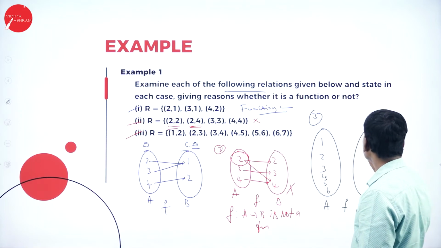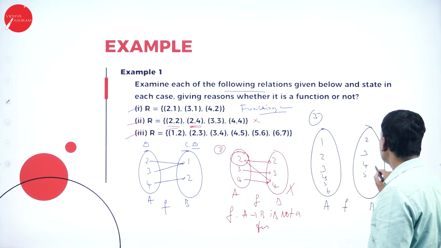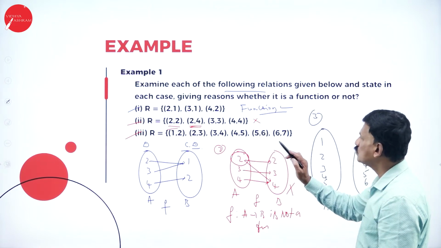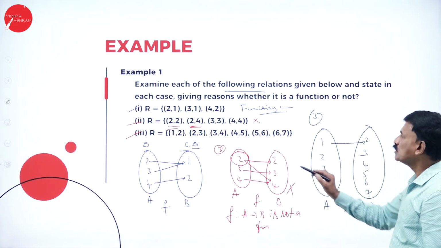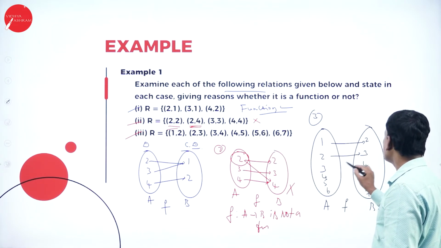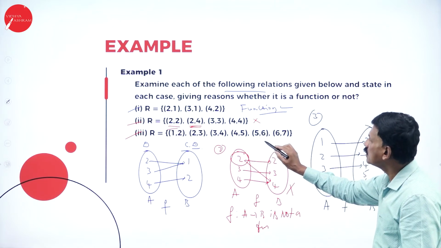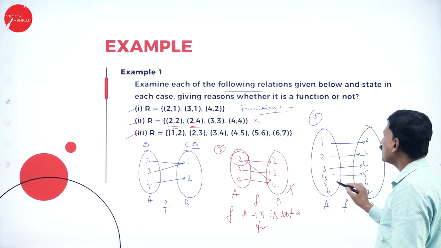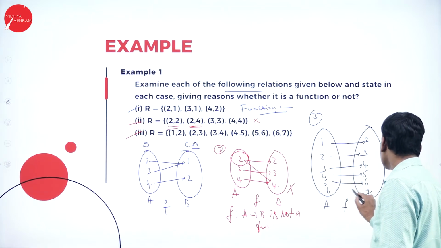B contains 2, 3, 4, 5, 6 and 7. So, map 1 to 2. Again 2 to 3, again 3 to 4, again 4 to 5, again 5 to 6 and 6 to 7.